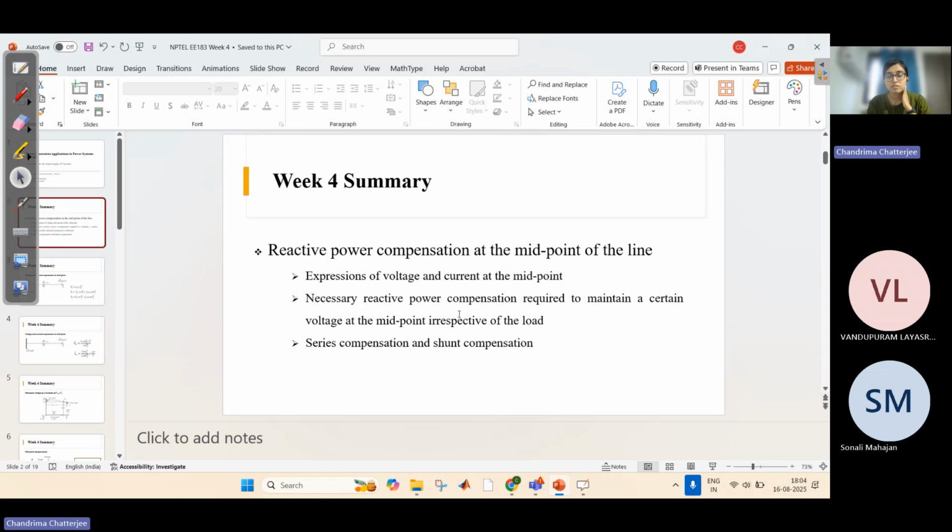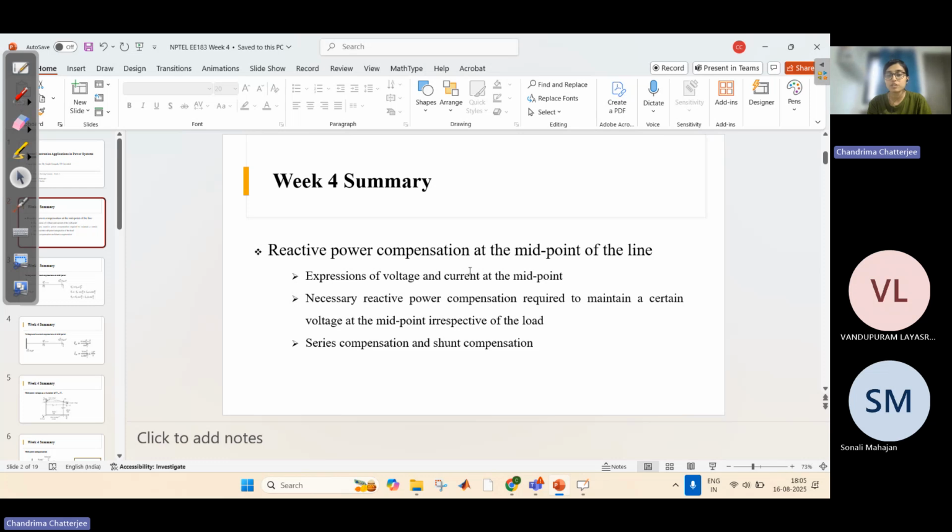And the objective of solving all these things was to get a pretext of why at all we need to learn all this, because the subject is applications of power electronics in power systems. So basically what we will learn is the reactive power compensation in the transmission line, why we require it at all. So that we will discuss today.